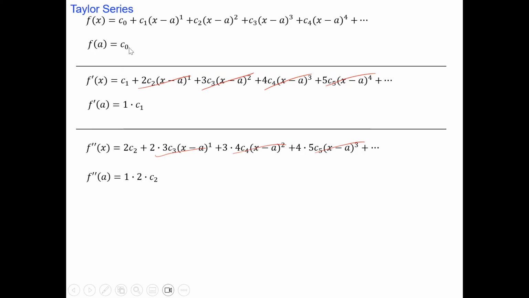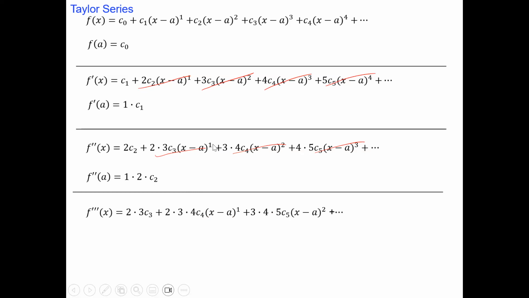Function at a is C sub 0. First derivative at a is 1 times C sub 1. Second derivative at a is 1 times 2 C sub 2. Let's just do the third derivative. I just differentiate that power function, I am replacing x with a, and all of the terms will be gone except the first one. 2 times 3 C sub 3, and I'm keeping 1.